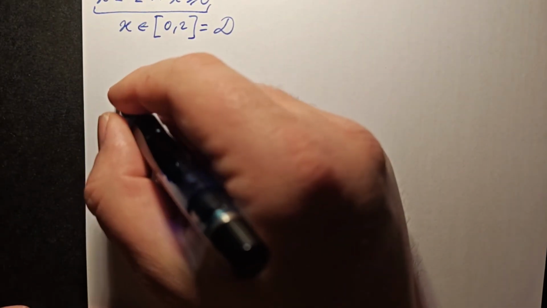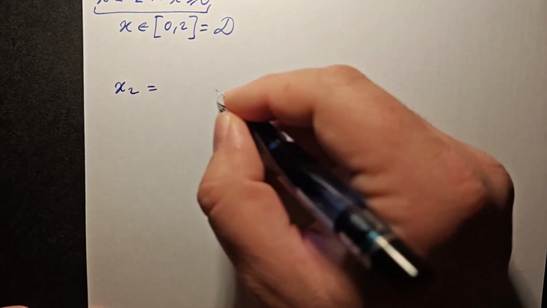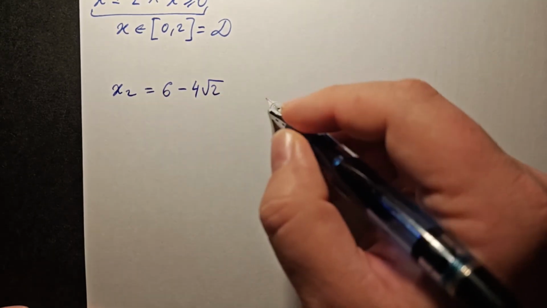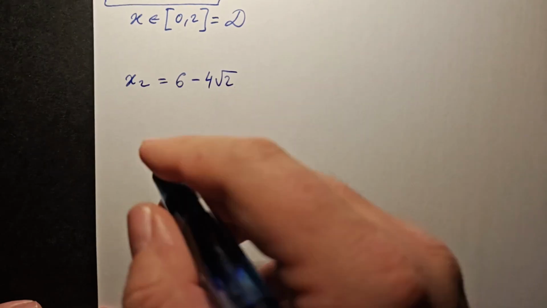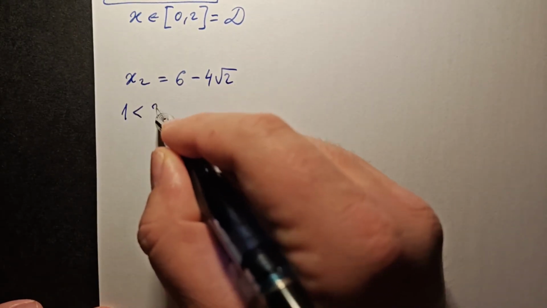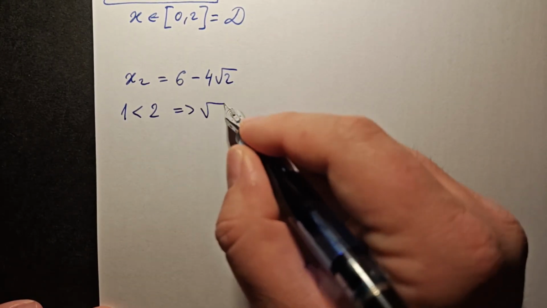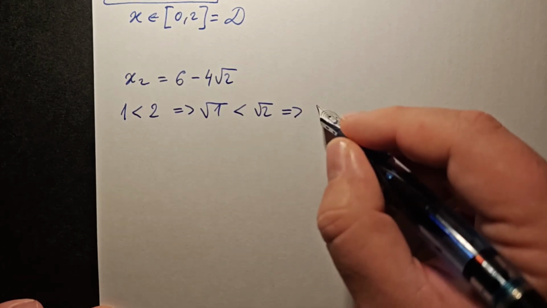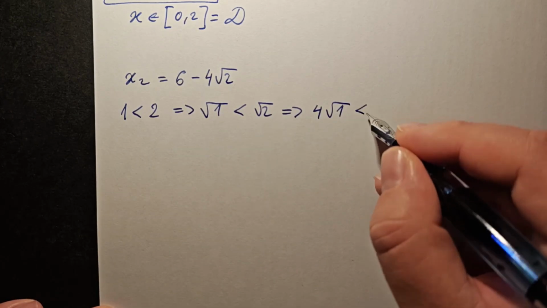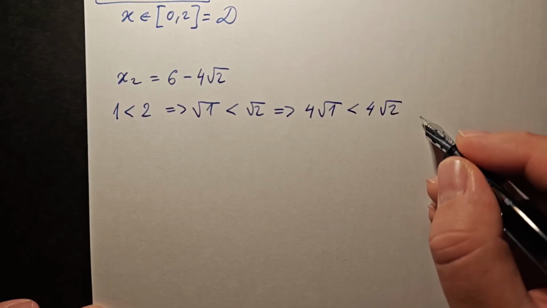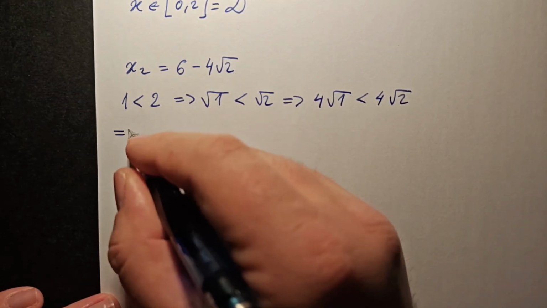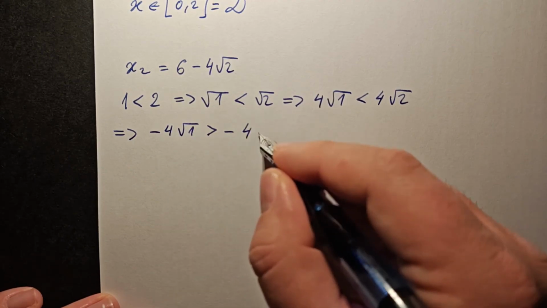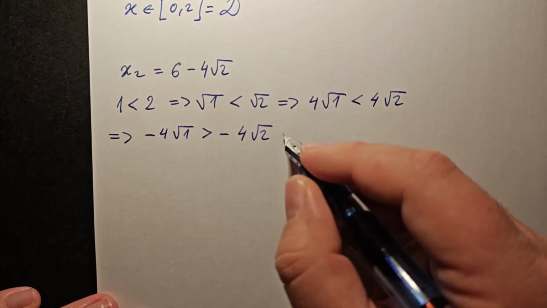Now let's determine what happens with the solution x2, which is 6 minus 4 square roots of 2. Basically, we have that 1 is smaller than 2, and that means that the square root of 1 is smaller than the square root of 2. Then 4 square roots of 1 is smaller than 4 square roots of 2, and that means that negative 4 square roots of 1 is larger than negative 4 square roots of 2.